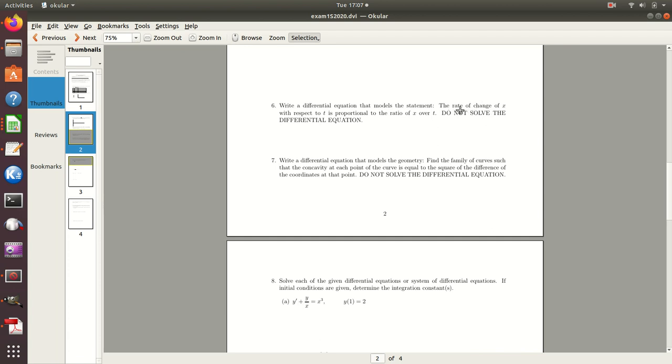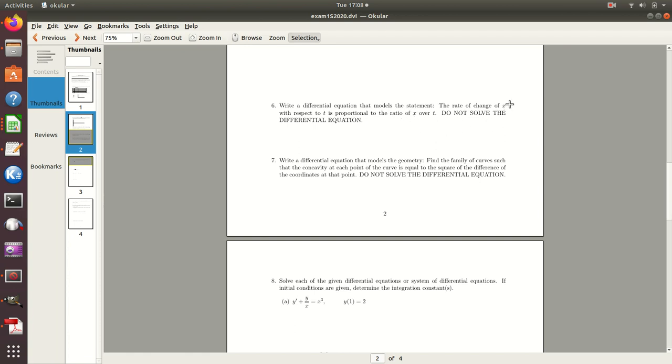Here, though, you have to know what some English means, the rate of change of x with respect to t. Oh, dx dt, okay, is proportional. Okay, that means that one quantity is proportional to another, like y equals kx, where y is one quantity, x is another, and k is the constant of proportionality. And then to the ratio, oh, I know a ratio is a fraction, x over t.